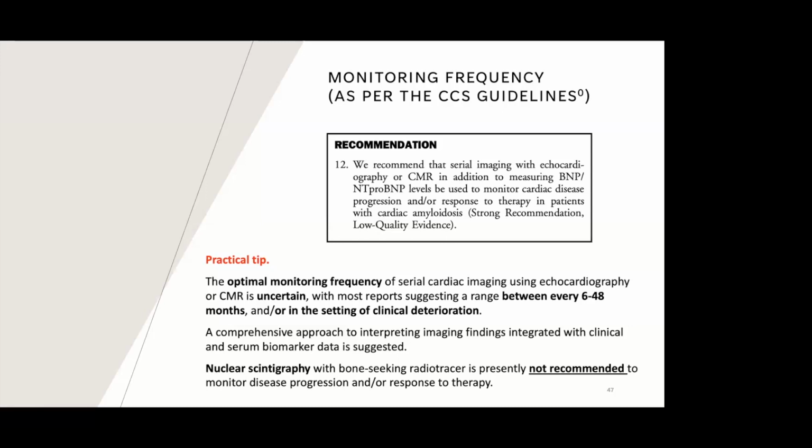Obviously, you would think about imaging them sooner. And they recommend using imaging in addition to serum biomarkers together. Nuclear scintigraphy with the bone-seeking tracers is not commonly recommended to monitor disease progression or the response to therapy.